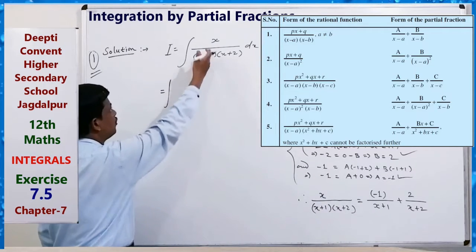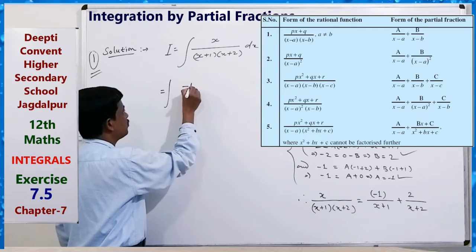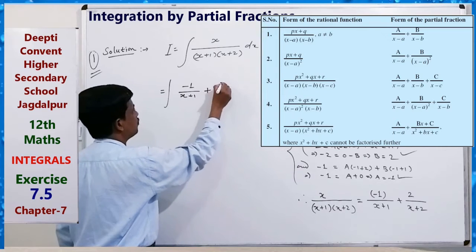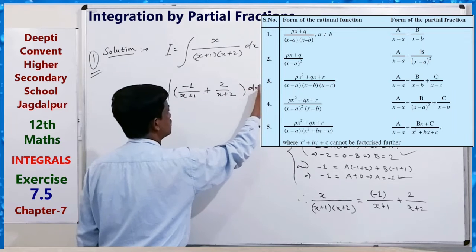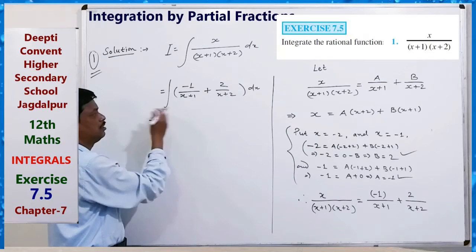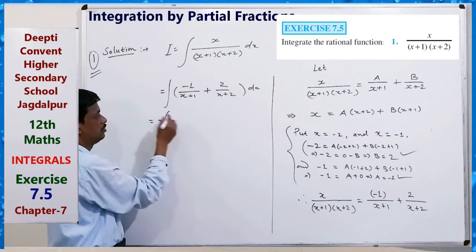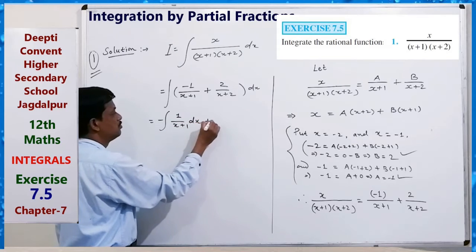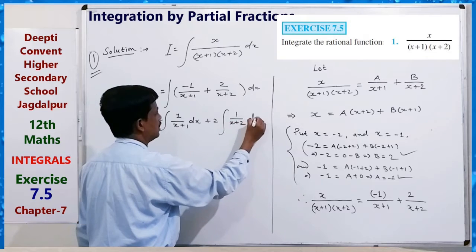So integration of, in place of this, you can write minus 1 upon x plus 1 plus 2 upon x plus 2 dx. Okay, so this is equals to, now distribute it, minus 1 upon x plus 1 dx plus 2 times 1 upon x plus 2 dx.